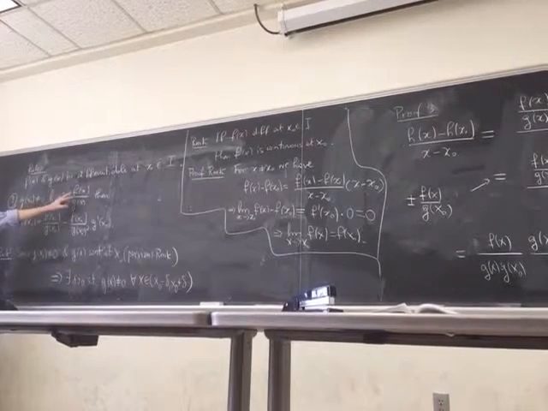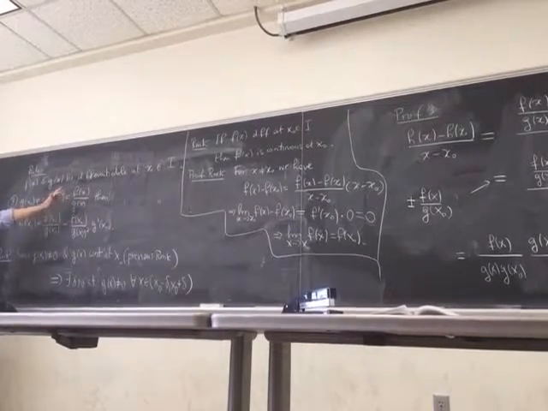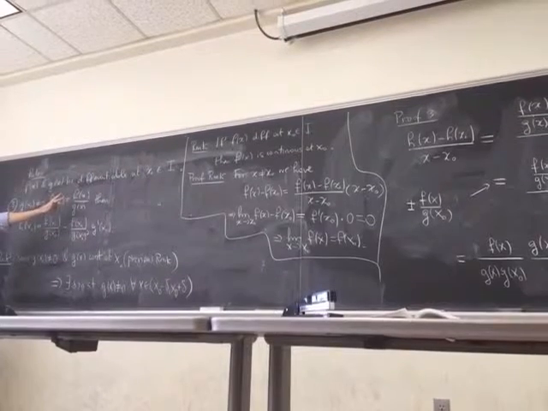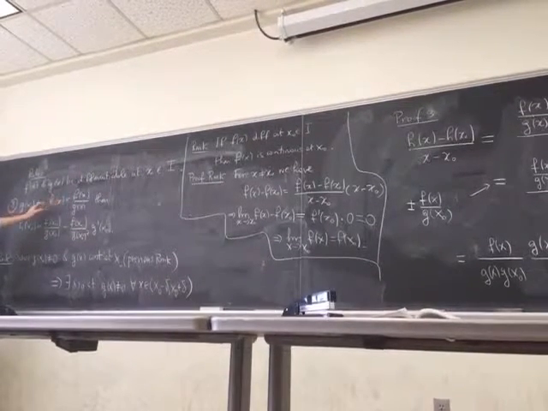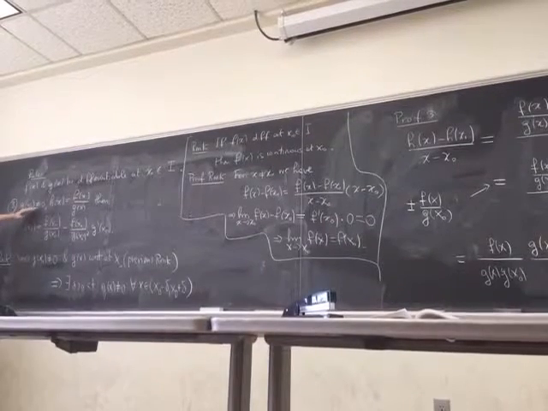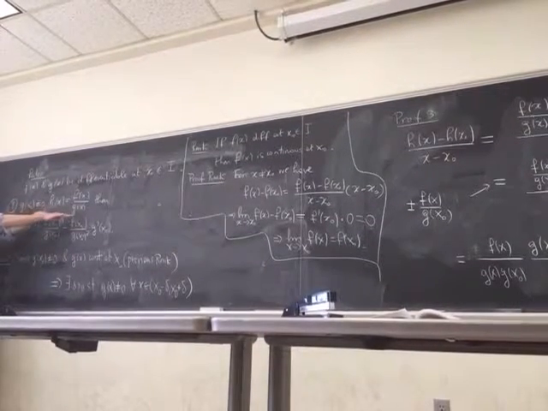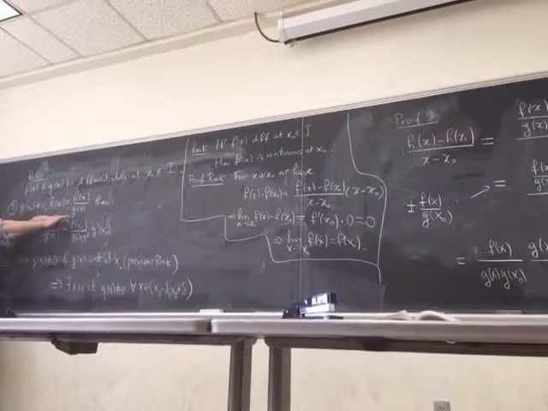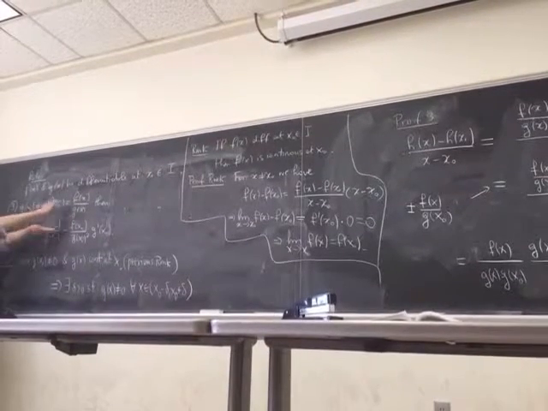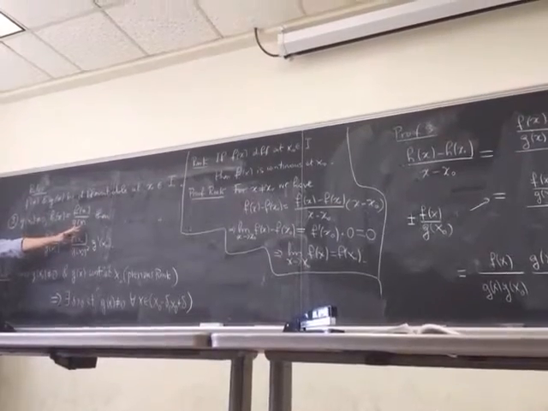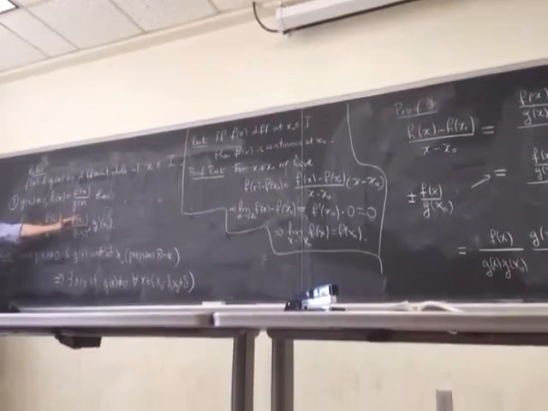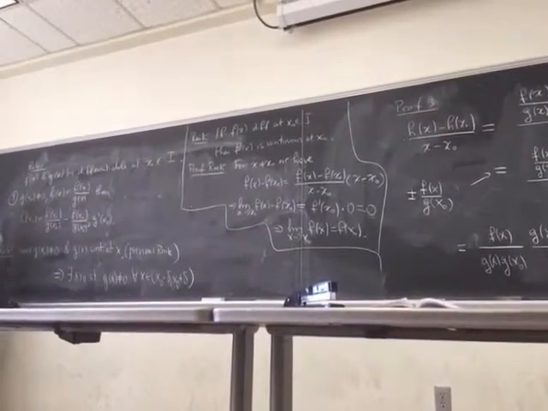But who is telling me that this ratio is defined in an interval containing x naught? Do you see my point? From what is written here, without using theorems, I just know that the ratio of f and g is well defined at the point x naught. But how do I know that it's defined on an interval containing x naught?